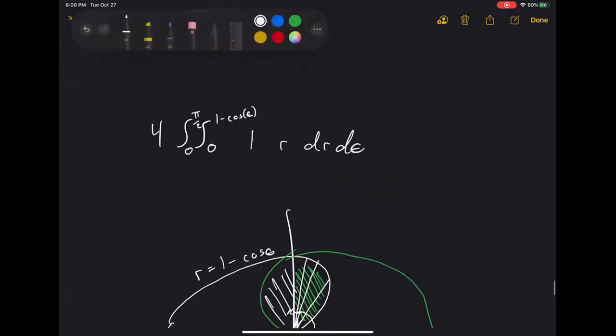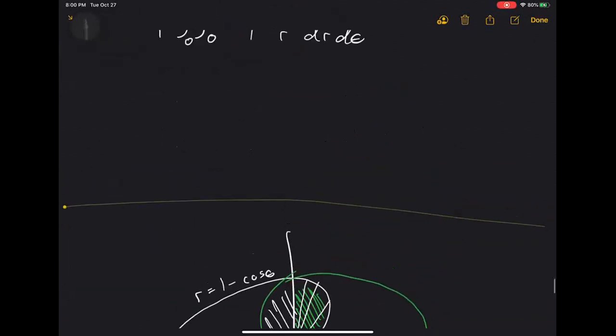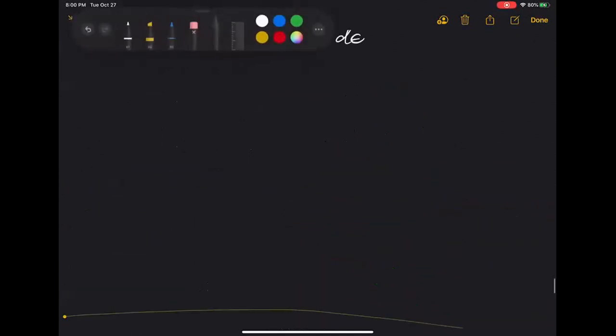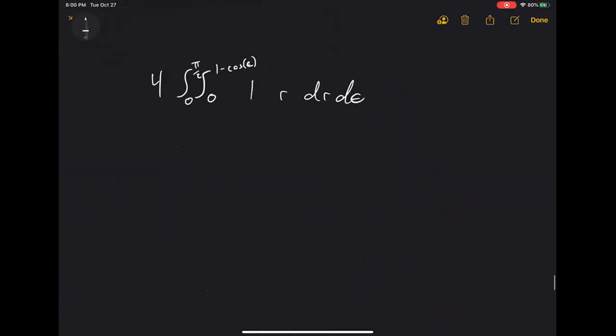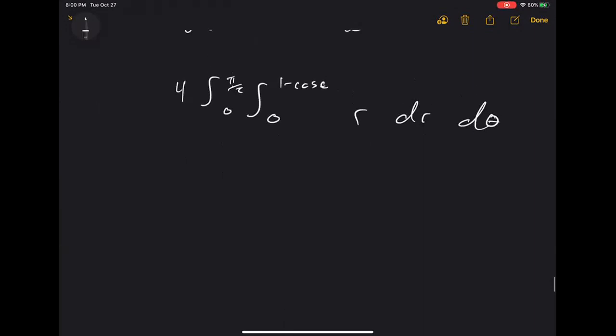Okay, so last step, let's go ahead and integrate that. So I have the integral of 1 times r. Let's just simplify this. It's just r dr d theta, right? So I integrate in terms of r, I get r squared over 2.